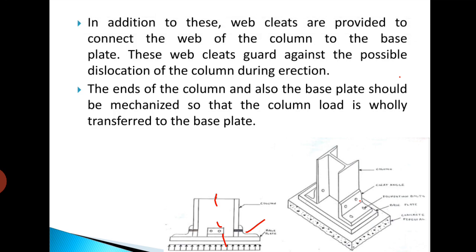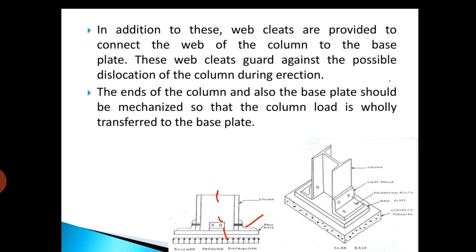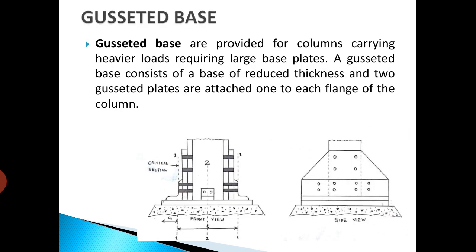Okay, so next is the gusseted base. Here you can see the picture of a gusseted base. Gusseted bases are provided for columns carrying heavier loads, requiring a large base plate.